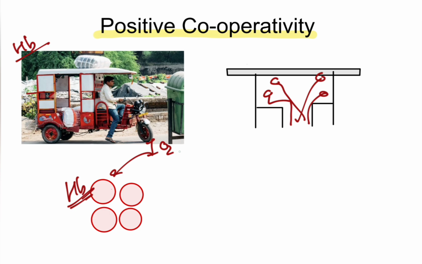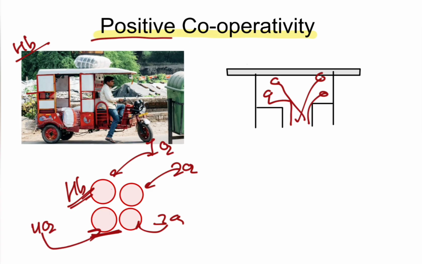The first oxygen finds it very difficult to sit. But as soon as the first oxygen binds, another oxygen comes, and then another comes. And for the fourth and last seat, the fourth oxygen finds it very easy to sit there. So this is the concept of positive cooperativity. It is easier and easier for more oxygen to bind on the hemoglobin.